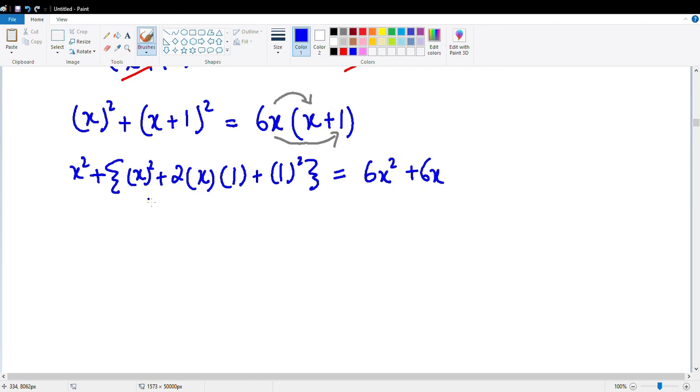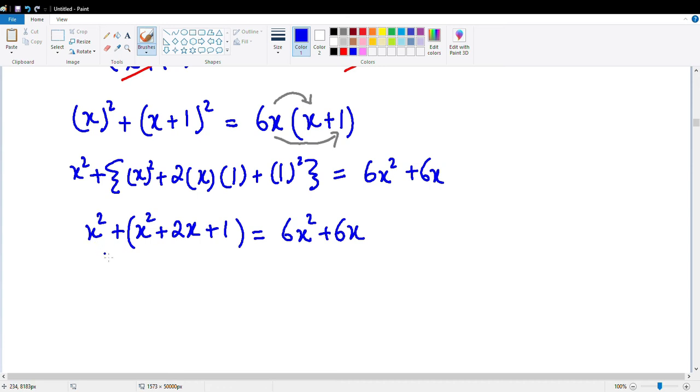Now, first, let's just finish this formula: we get x squared plus 2x, because 1 multiplies with 2 into x, which gives 2x, plus 1 squared is 1, and that's basically it. You could say we have a bracket here, equals 6x squared plus 6x.